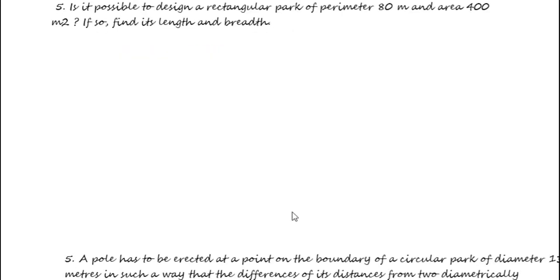Next exercise, is it possible to design a rectangular park of perimeter 80 meter and area 400 meter square? If so, find the length and the breadth. Perimeter is 80 meter. Let x be the length and y be the breadth.